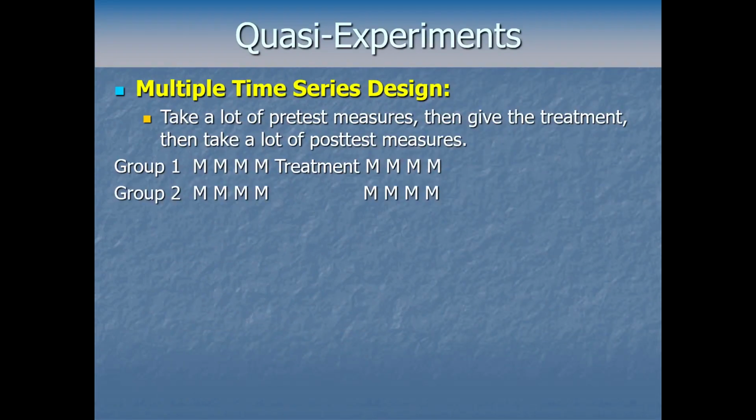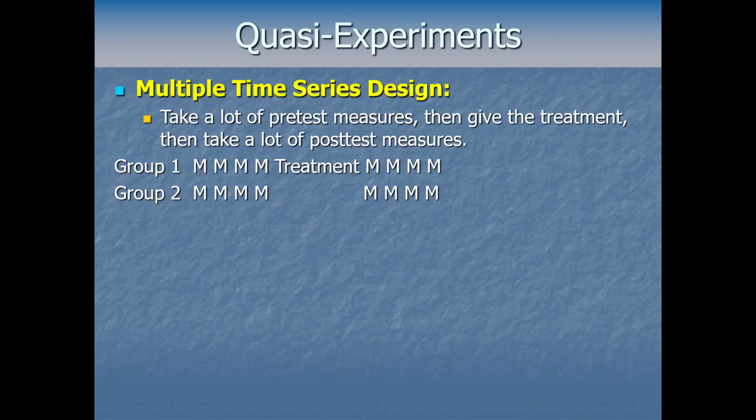So how do we get rid of history? Well, there are some things that can be kind of improved. So, for example, a multiple time series design, it's the same idea as the last one, but now you've got two groups that you're watching over time. Imagine they're basically the same. Over and over and over again, you're measuring and they're the same, at least on the dependent variable, right? So these are different groups of people. They're going to differ in some ways, but maybe they're at least similar in performance for the thing you're watching that you care about.